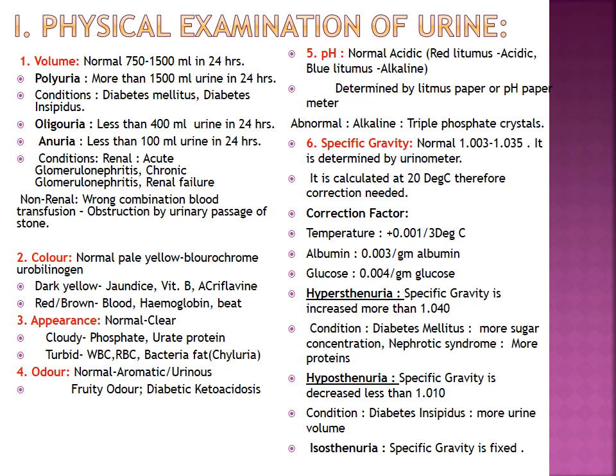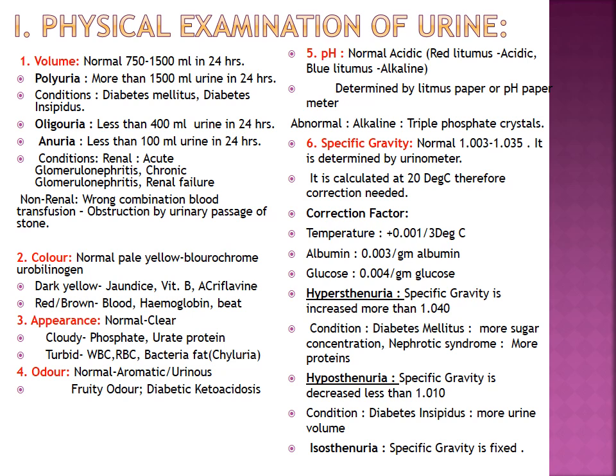Appearance is normally clear, but if it is cloudy, it may be because of proteins, and turbid may be because of RBCs, WBCs or bacteria increase in the urine. Then odor is normally aromatic, and fruity odor can be seen in diabetic ketoacidosis. This diabetic ketoacidosis is a complication of diabetes. In that, ketones are present and odor is fruity.